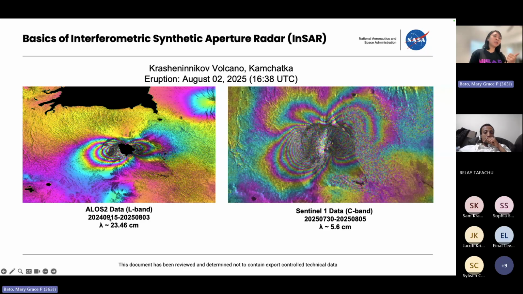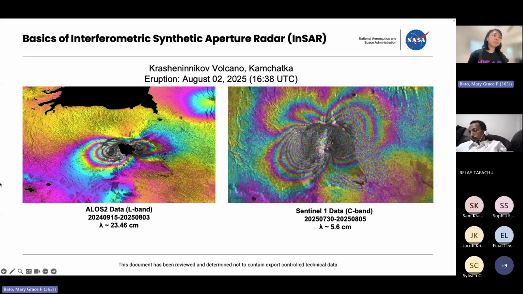The ALOS data is not regularly acquired at all parts of the world. So there's no 12-day acquisition nowadays, for example, when you compare it with Sentinel-1. That's why here we have almost a year of temporal baseline, but it's still capturing basically the event here.